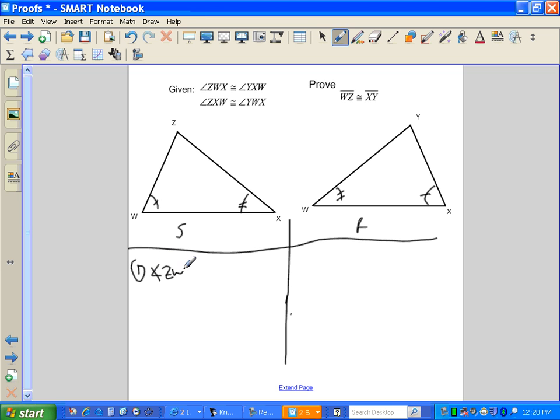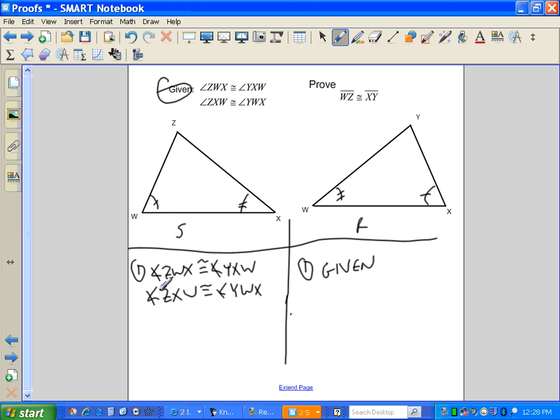We know that angle ZWX is congruent to angle YXW, and we know that angle ZXW is congruent to angle YWX. The reason how we know that is the word given. We're told that it's true right up here, so we can write given for our reason.